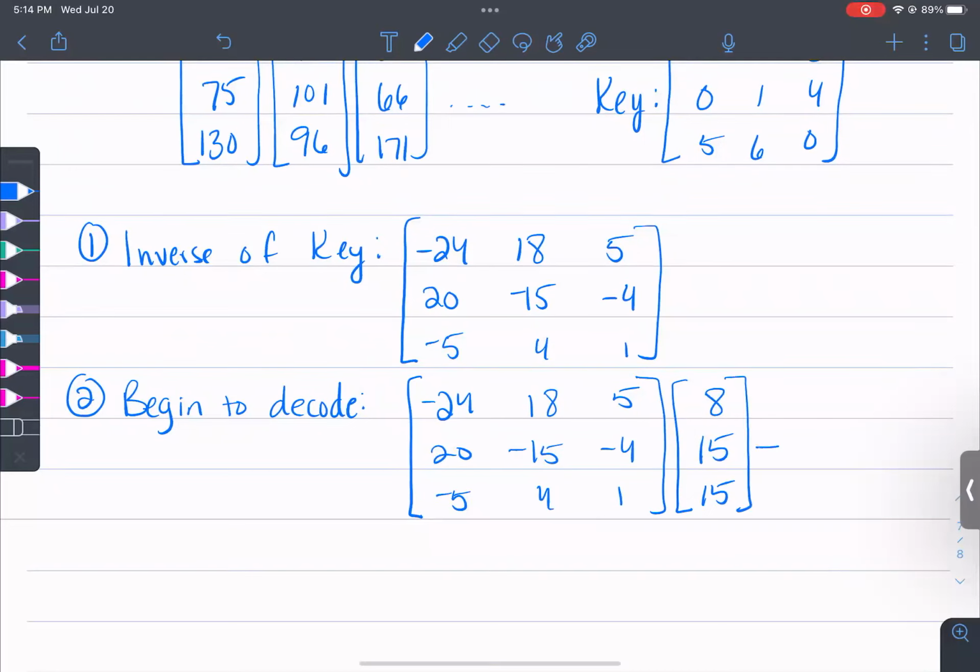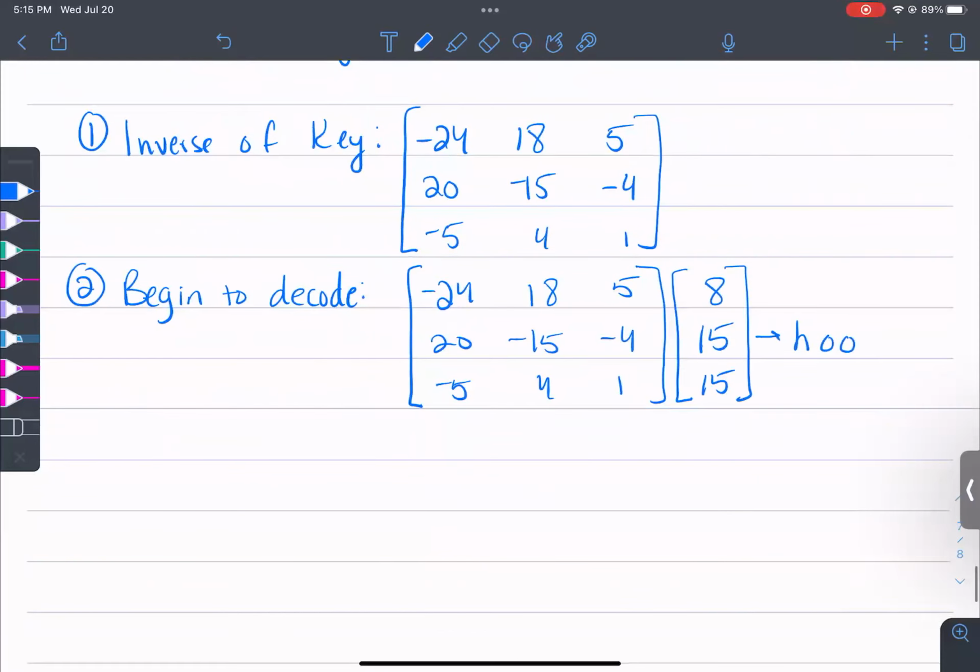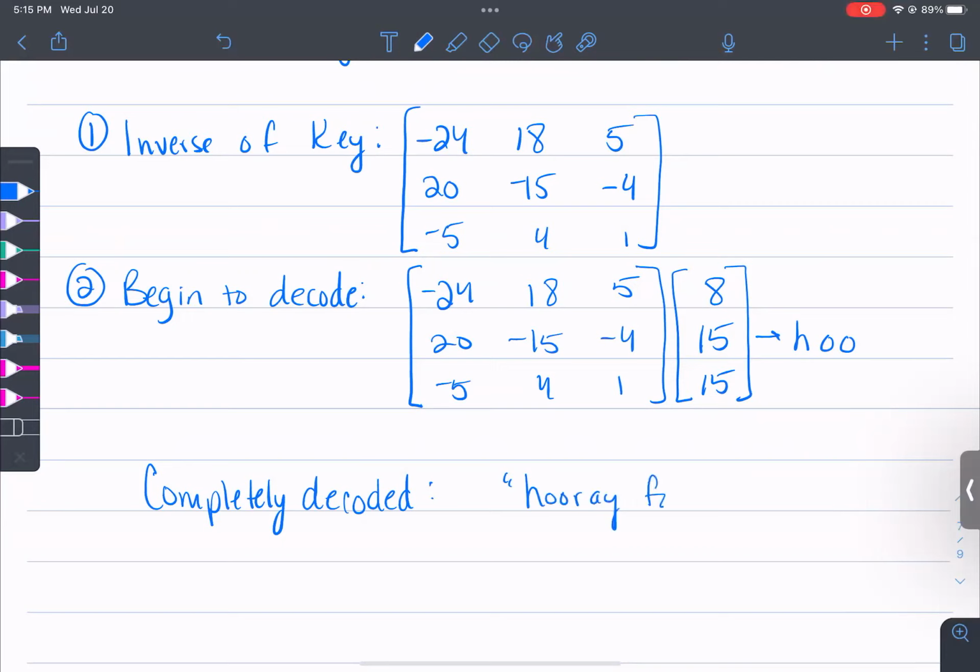So this first one is the letters H, O, O. And if you go all the way through to the end, the completely decoded message is hooray for the weekend. And that finishes out this lesson.